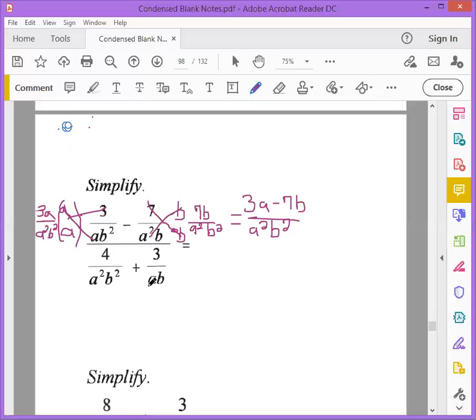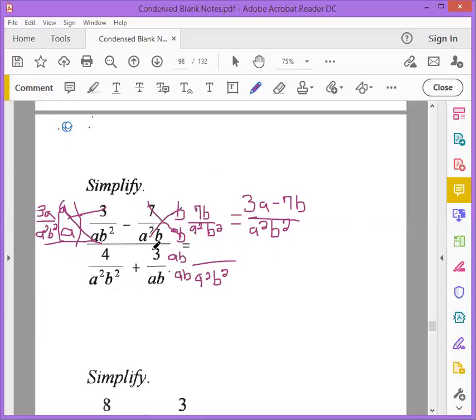Now, in the denominator here of the fractions, we need to get common. Again, we need to make them the same. We have a squared b squared in the fraction on the left, and we just have a to the first, b to the first in the fraction on the right. So we need to multiply ab times the numerator and the denominator. Now, our ab times ab will leave us with a squared b squared in the denominator.